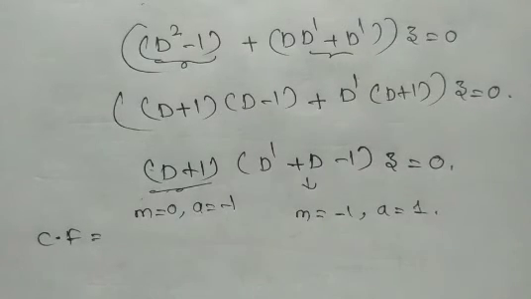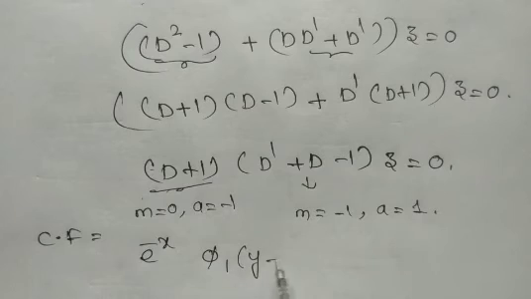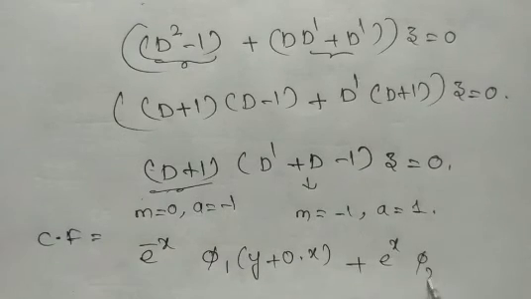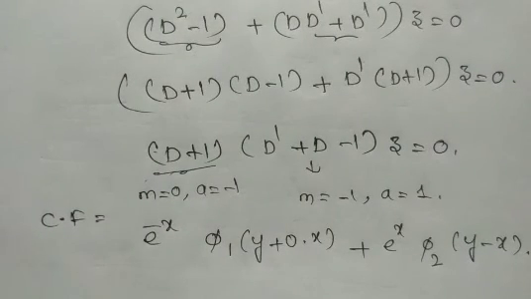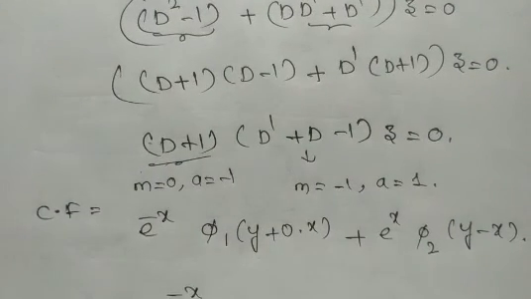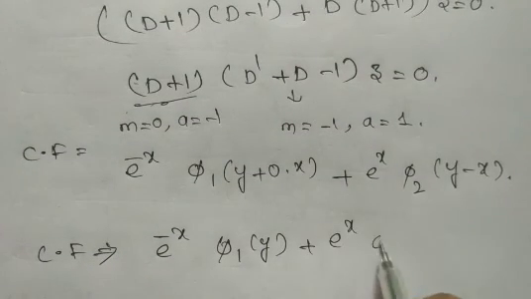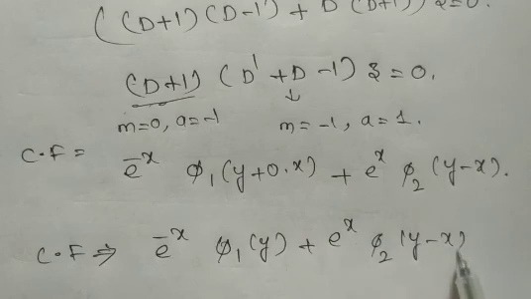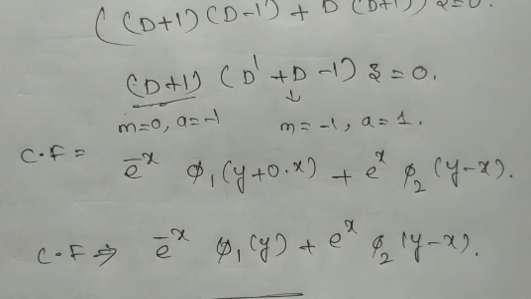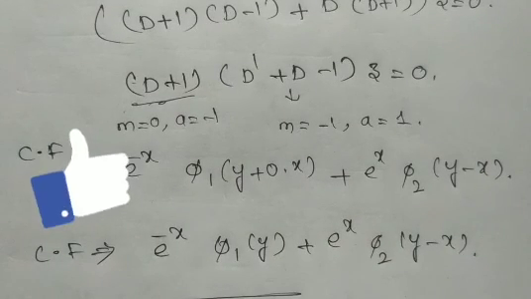So the complementary function is e^(-x) φ1(y + 0x) + e^x φ2(y - x). Final complementary function: e^(-x) φ1(y) + e^x φ2(y - x). This is the complementary function of the given problem.